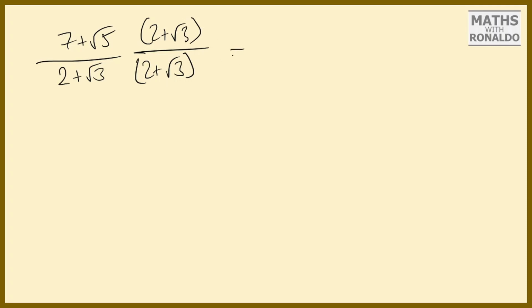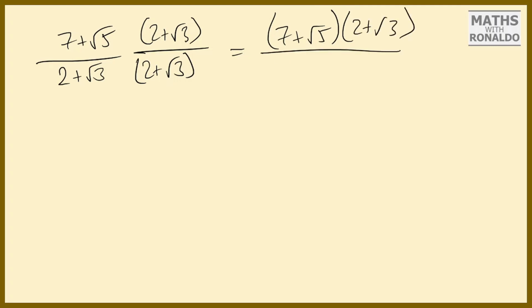And the top will be 7 plus root 5, 2 plus root 3. We can expand that in a minute. But the bottom, now if we expand that, we do 2 times 2, which is 4.